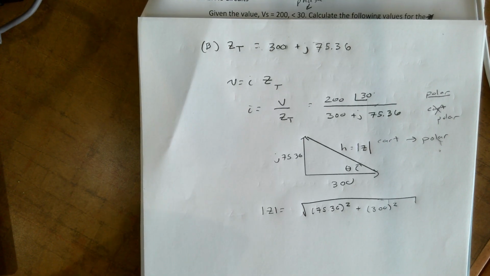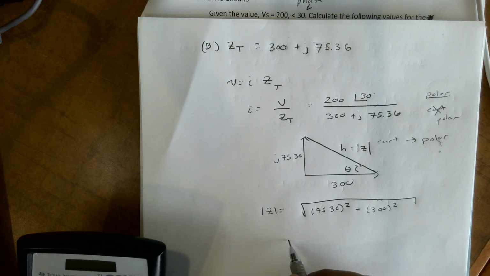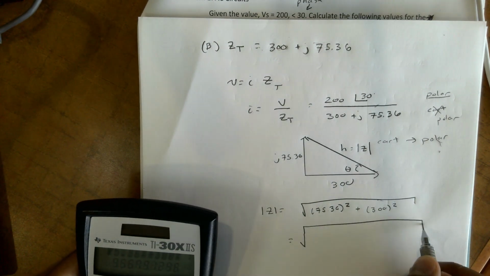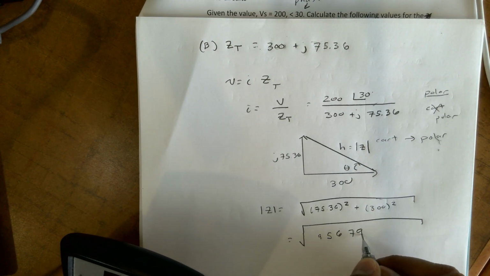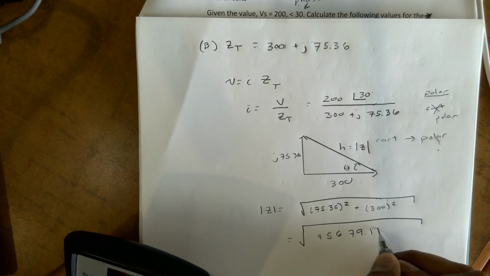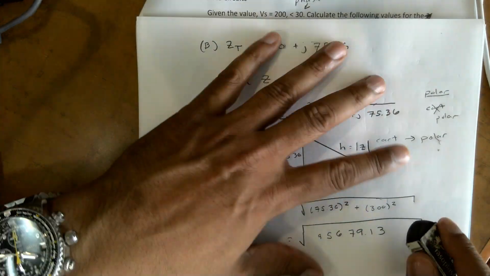We put it in our calculator. We get 75.36 squared, plus 300 squared. We get the square root of 95679.1, I don't know, whatever that number is right there.